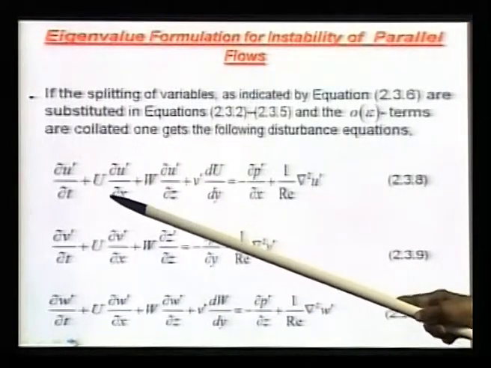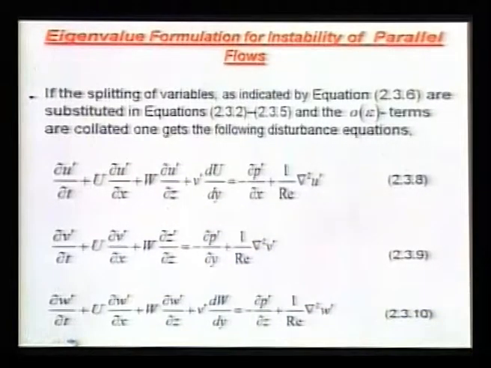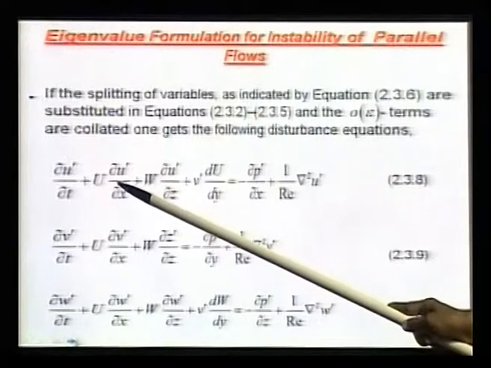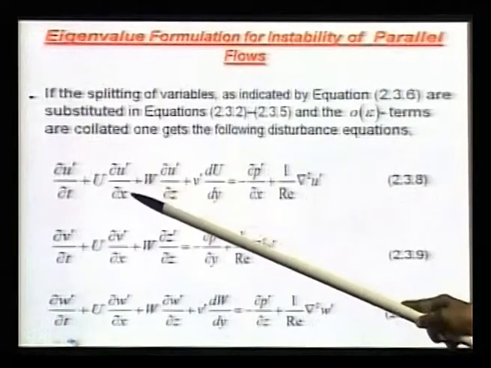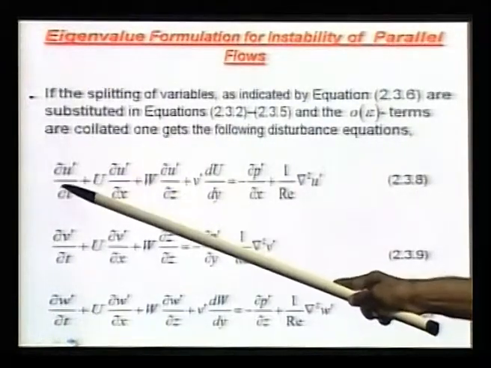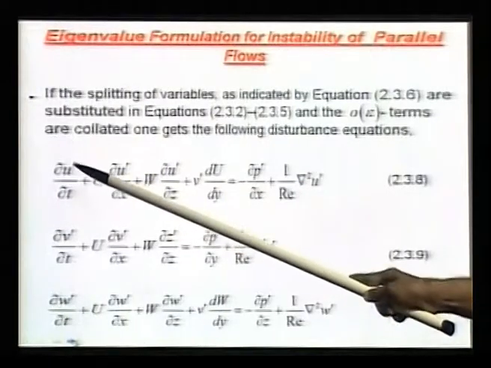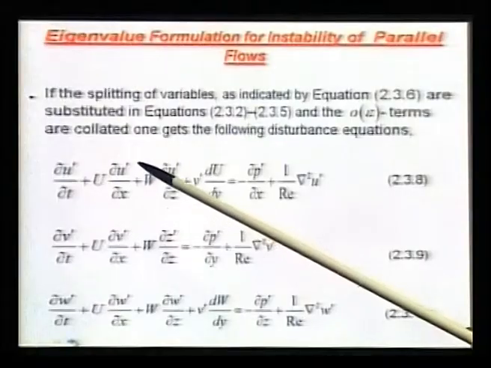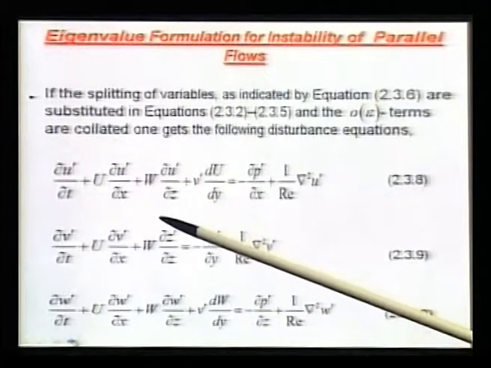This term comes from u del u del x. Now, u has capital U plus u prime. Okay. So, I will get this capital U times this, an order epsilon term, and this is an order epsilon term. Okay. What is omitted? The term that is omitted is basically u prime into del u prime del x, that is epsilon square. So, that term has been thrown away, because we are studying linear stability theory.